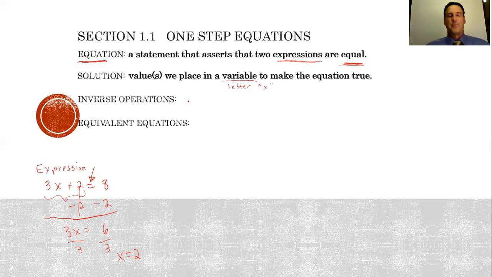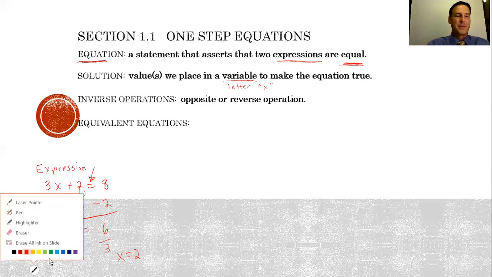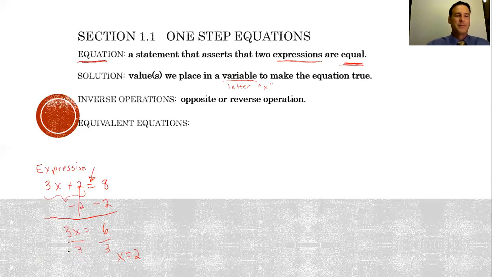The inverse operation is a procedure that we do to get x or some other variable by itself. In other words, it's basically the opposite or reverse operation. Okay? You'll notice that this happened in a couple spots when we just did this math problem. Okay? I'll do this in blue, but when I looked at this first guy, this plus 2, the opposite operation of add 2 is subtract 2.